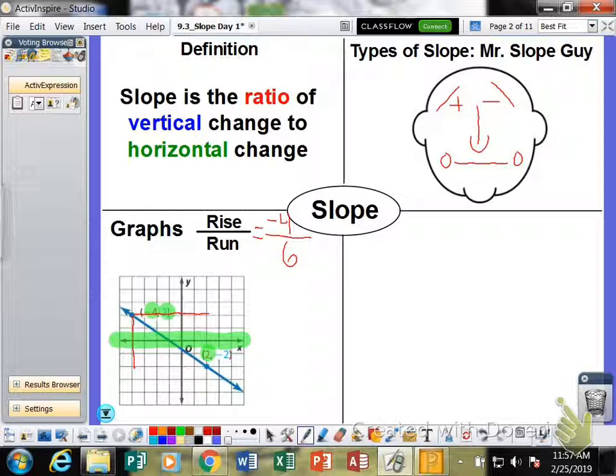So our slope here, you could simplify this. In this case, we're going to leave it as is, just so you guys understand exactly your rise over run. So our slope here is going to be -4 over 6. Now, another trick to do this.